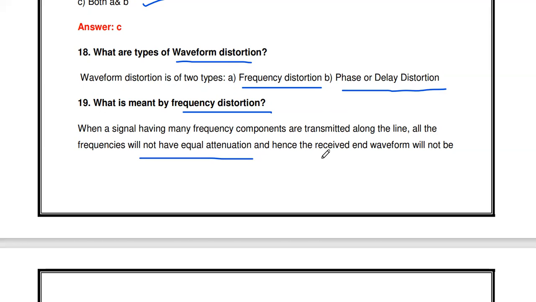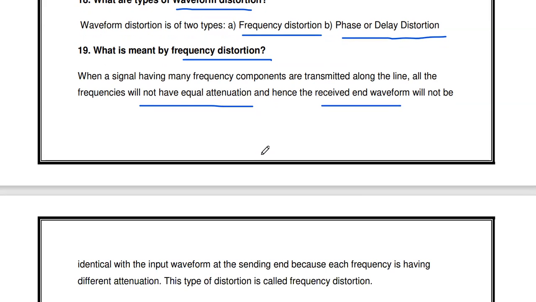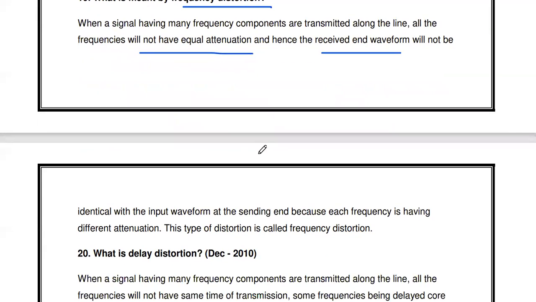Hence the received end waveform will not be identical with the input waveform at the sending end, because each frequency has a different attenuation.